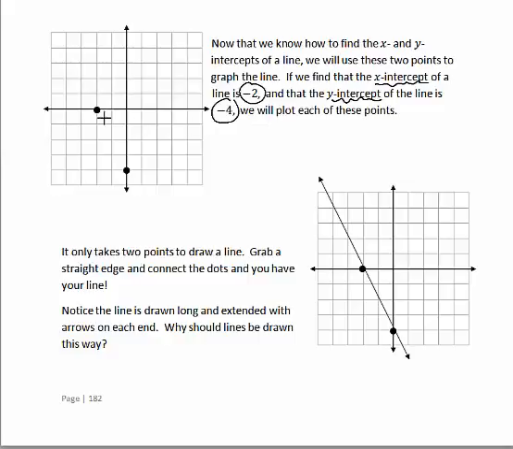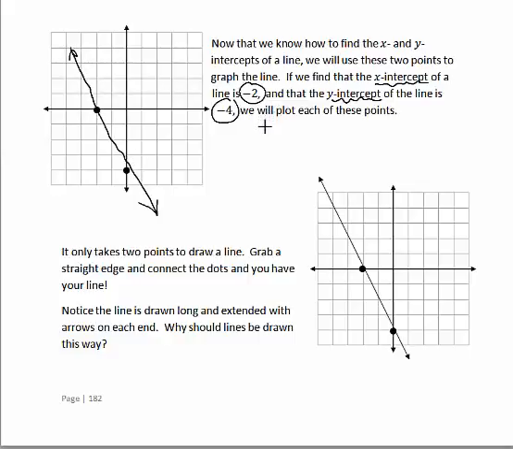So we plot those points. They're points on the x and y axis, and even if we didn't know the equation, if we were given this information, then we could still graph the line. All we have to do is connect these 2 points with a straight line.